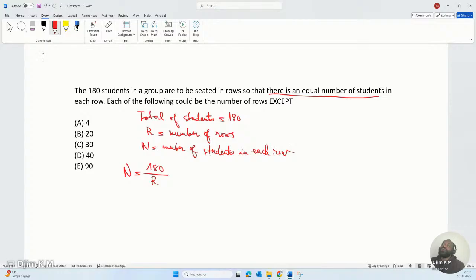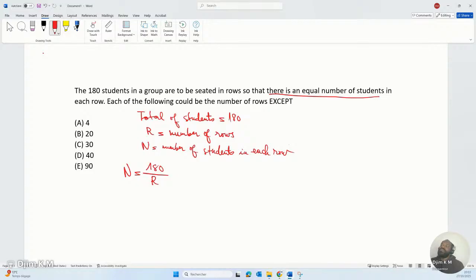One way to test these answer choices is to find the number of students. Since we are talking about real people, students, it can't be decimal numbers. It has to be integers. So we are going to test this formula using the possible answers here.